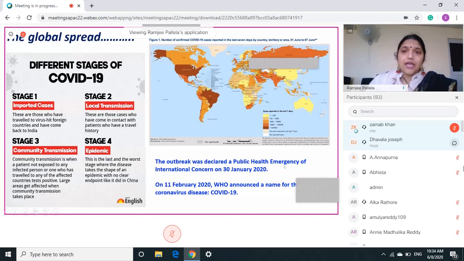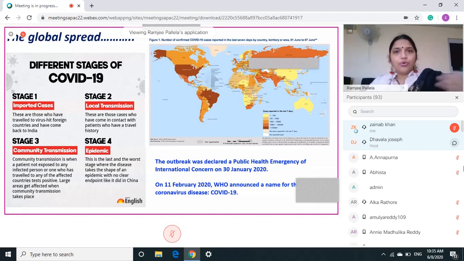Phases of the disease. What happens is this disease actually spreads in stages. The first stage is when people transmit from the country of origin of the virus, like China, when they have migrated from there to India or different countries, because international travel is very common these days, and especially China, because most of the countries in the world have Chinese companies with them.